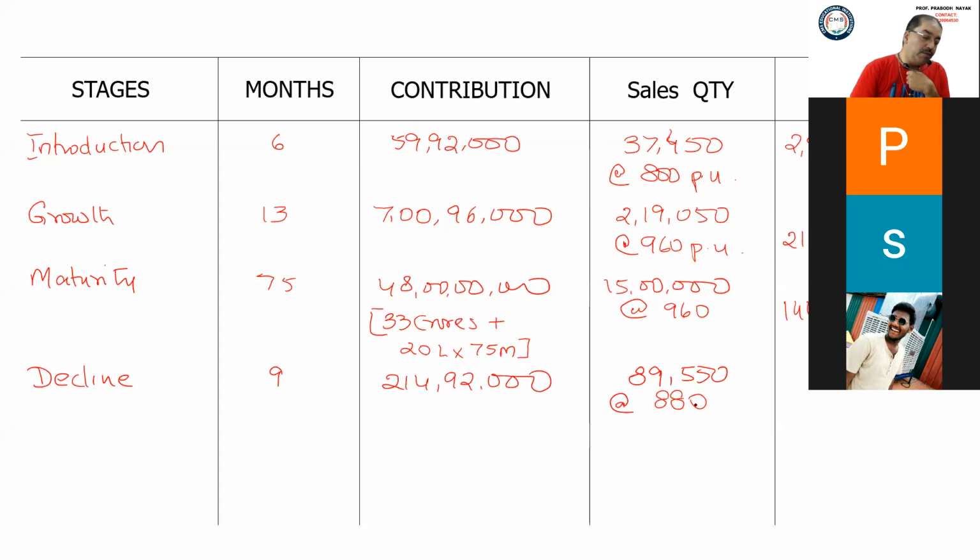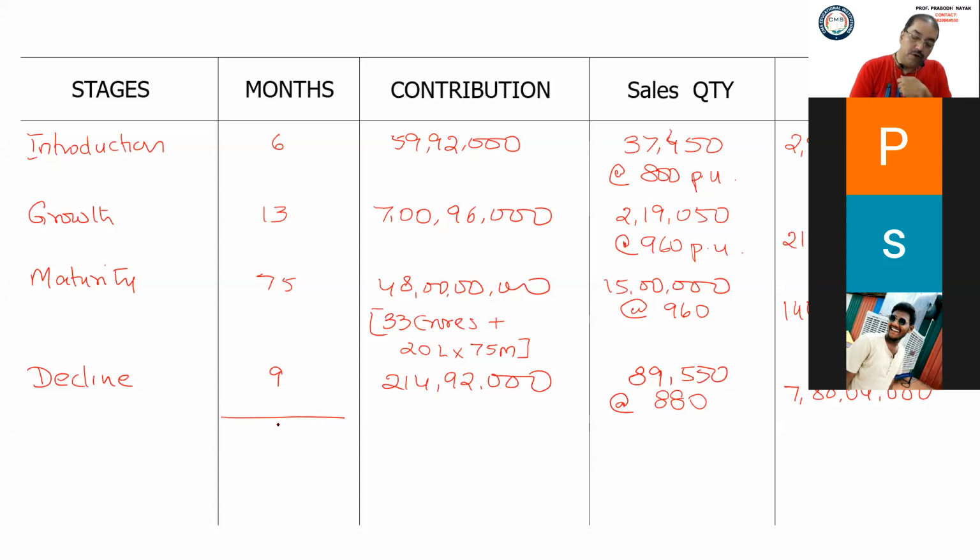Decline stage 880. So it comes to 7 crore 88 lakhs 40,000.